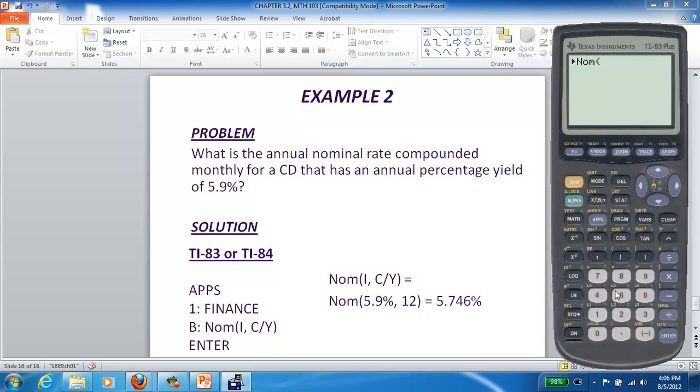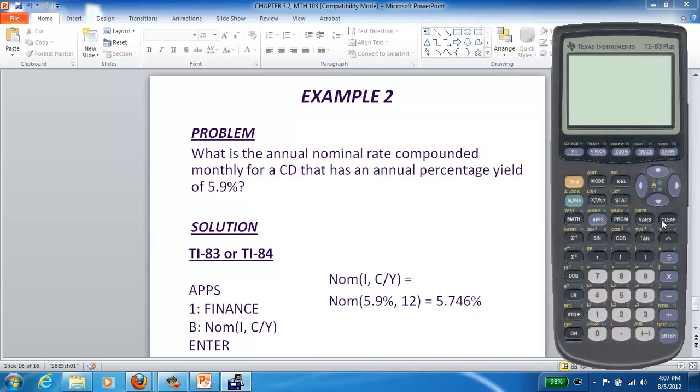Then 5.9, comma 12, because it's monthly. Close the parenthesis and then click enter. And of course this is going to be less than 5.9. It will be 5.75. 3 decimals, it's 5.746.